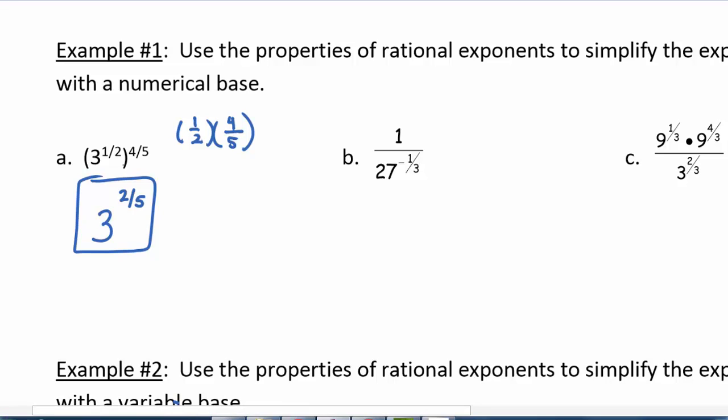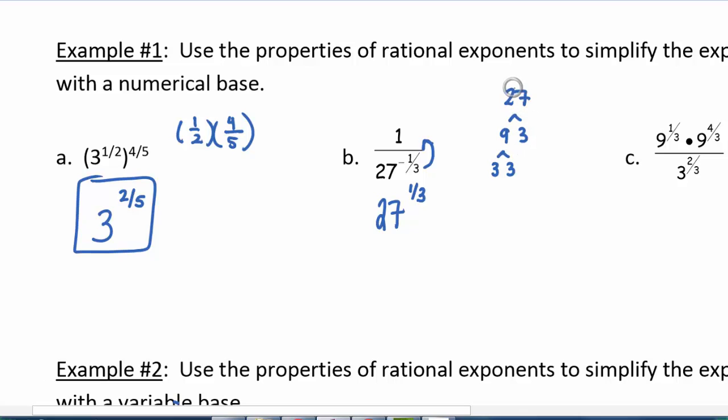Okay, so now here I have 1 over 27 to the negative 1/3. I need to move that up because of this negative exponent. So that becomes 27 to the 1/3 power. Anytime we have a numerical base, we want to make sure it's fully simplified. So 27, let's think about this. 27 is 9 times 3, and 9 is 3 times 3.